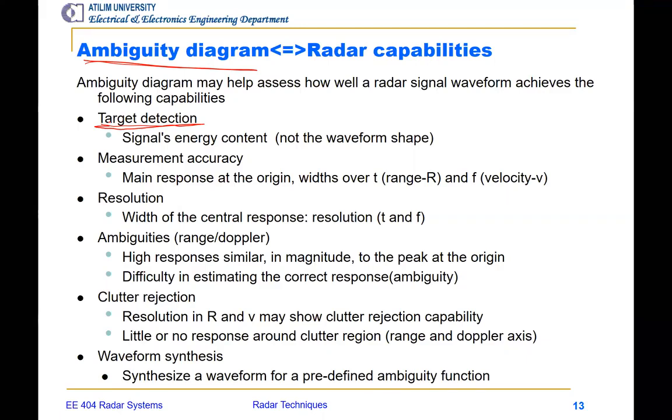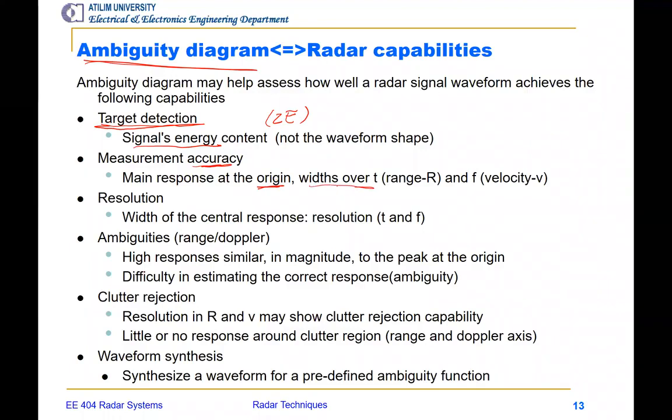It's about the signal's energy content. So it was about E, simply 2E. Higher the energy, higher the target detection capability. We can have an idea about the measurement accuracy, which is about the main response at the origin.